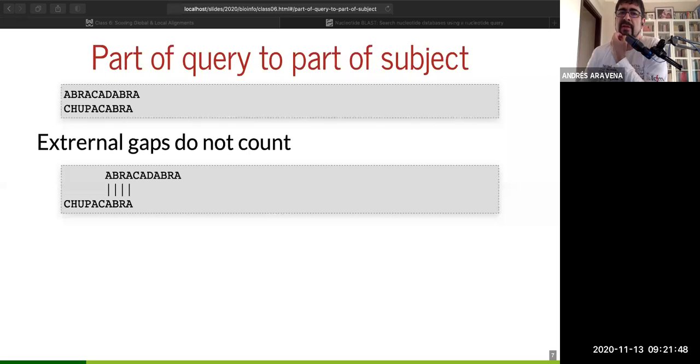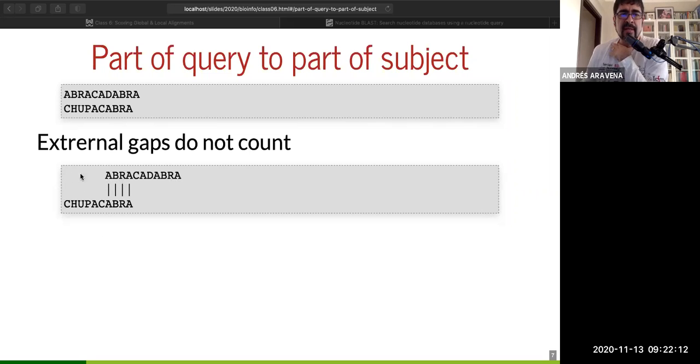Part of the query must match part of the subject. I made this example yesterday. We can make another eventually. So how do you match? Here you may realize that there are two ways to align. I showed you one, but we can do another that I want to show you in a minute. But the point that I want to show you is this.